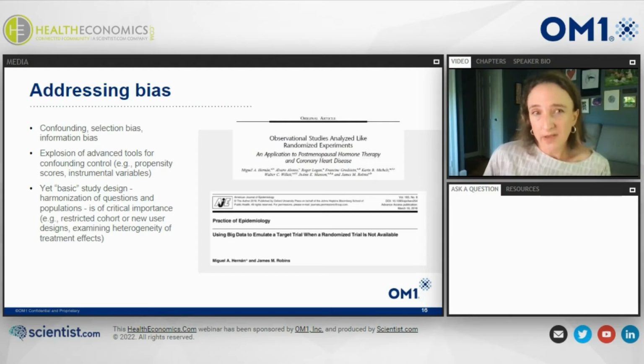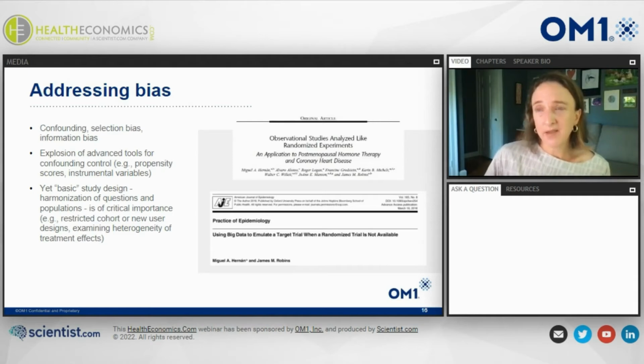Yet some of the things we're learning as we evaluate the impact of some of these tools is that it's often, quote unquote, the basic principles of study design regarding the crafting of real-world data-based research questions that correspond to actionable interventions, the selection of populations, and the recognition and incorporation of patient heterogeneity. These are as important as some of the more fancy, sophisticated, or modern analytical tools for reduction of bias.